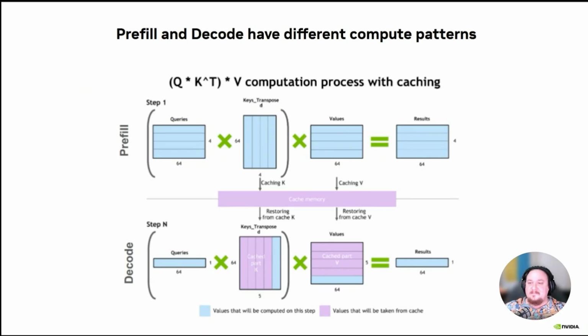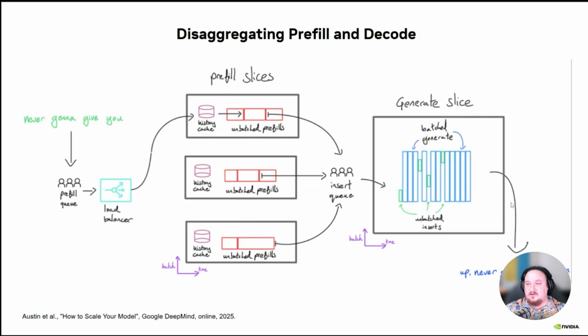So it has different costs and uses different operations to do prefill versus decode. Now, this is important because if they have two different patterns and we're constantly switching between them, you can imagine there's some kind of inefficiency that's going to start creeping in, right? And so what we care to do is to disaggregate.